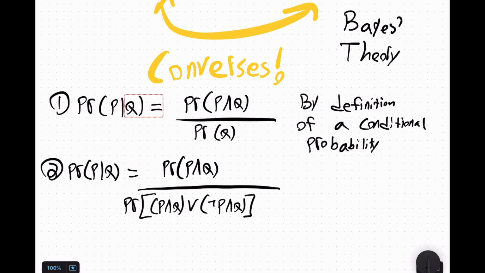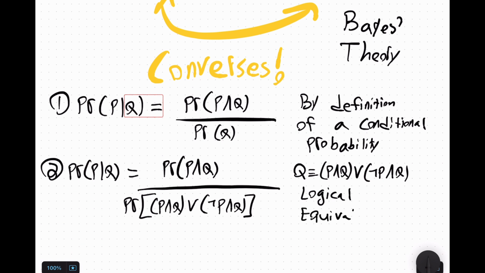Here we're going to resort to propositional logic because the proposition Q is logically equivalent to the proposition P and Q or not P and Q. So this is a logical equivalence. And we can prove that, for example, with the so-called truth table, which we won't do here.